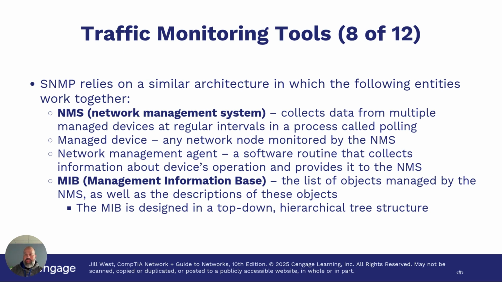The network management agent is software on each device that collects information and reports it to the NMS. And the MIB, which is Management Information Base, is the list of objects being managed with their descriptions. The MIB is organized in a top-down hierarchical tree structure, kind of like a family tree, but for network information.